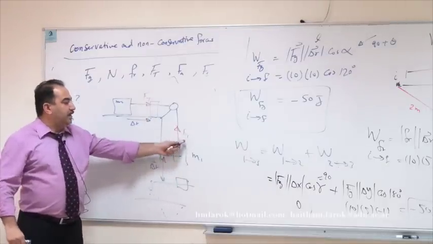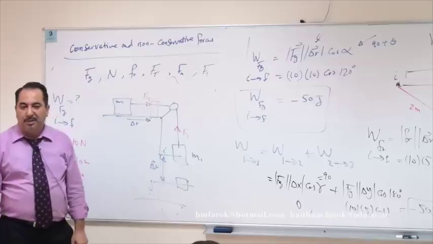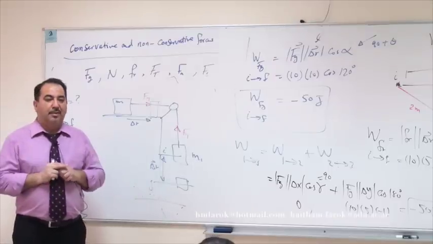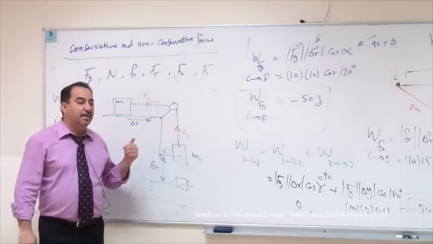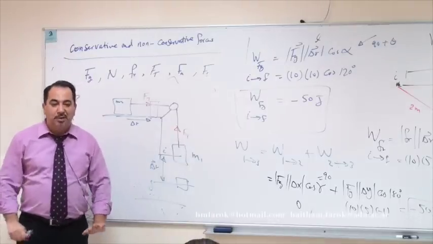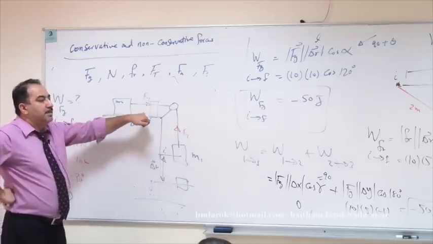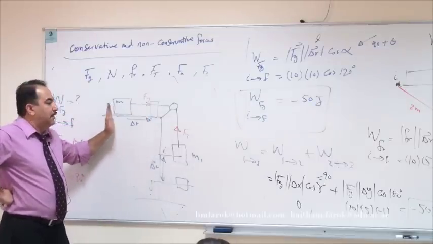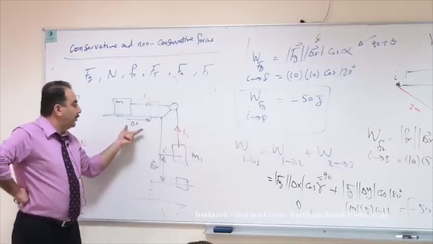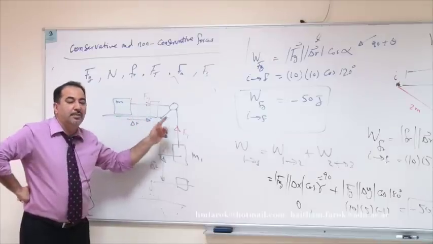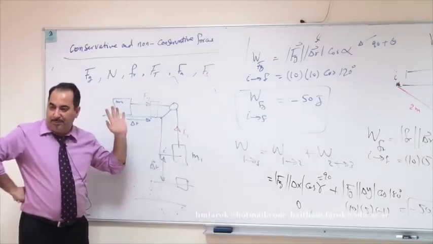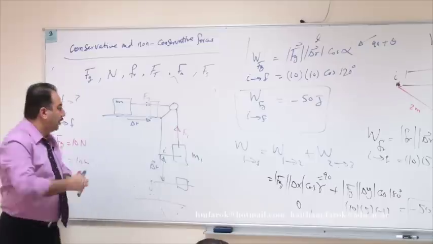FT here and FT here are different or the same? Okay, now, do you need to calculate the work done by tension force here? The answer is no. Why no? How much is the work done by tension force here? Is FT multiplied by delta R cosine what? 0, which is 1.